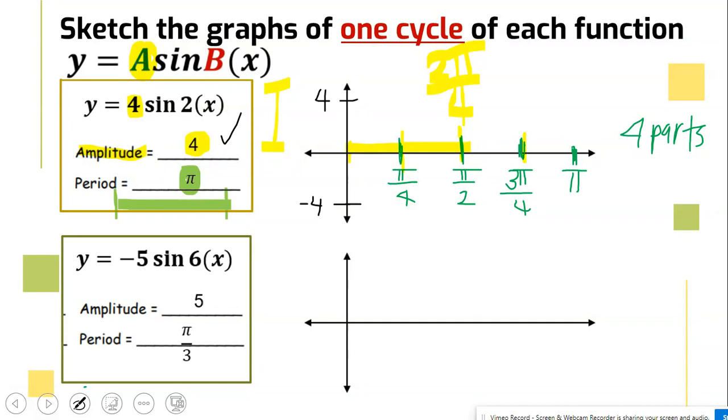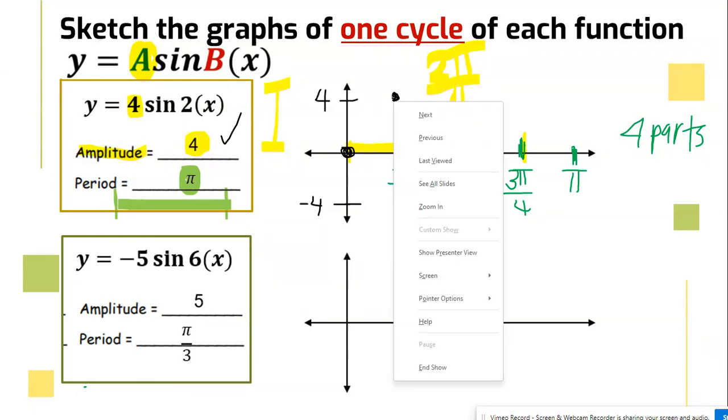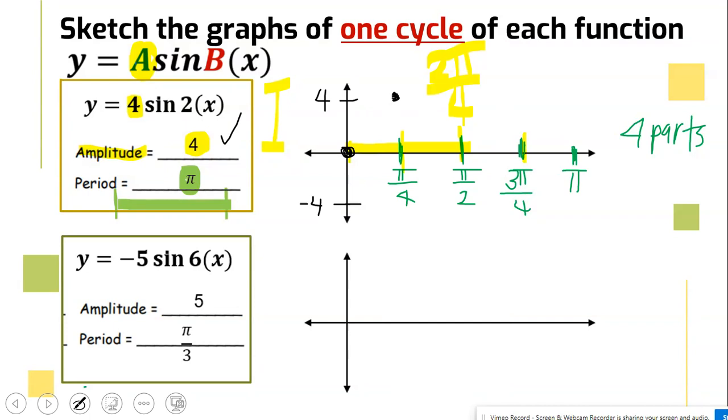Once you have your x-axis labeled, then you can go in and graph your sine function. Starting at 0, at that first one, it's going to go up to the top. At your second one, it's going to come back down to 0. At the third one, it's going to go to your minimum value. And at the last one, it's going to end at 0.